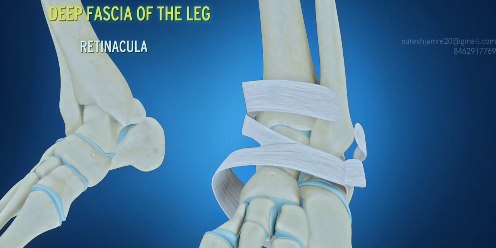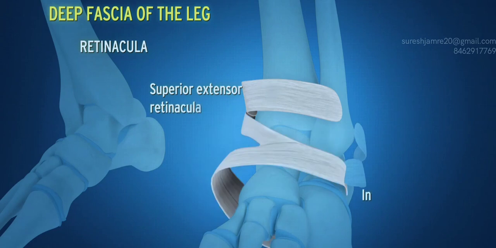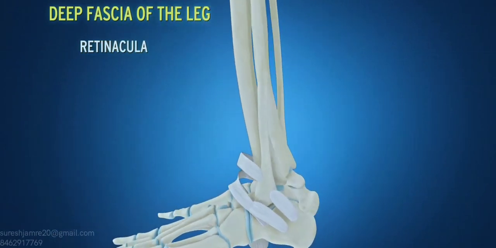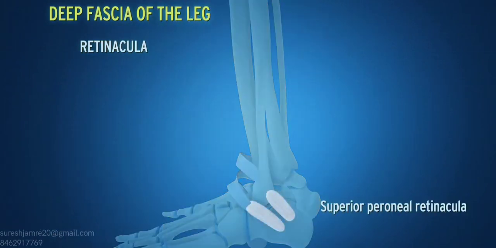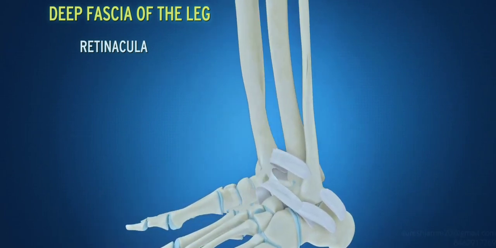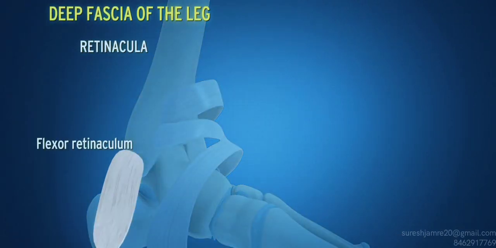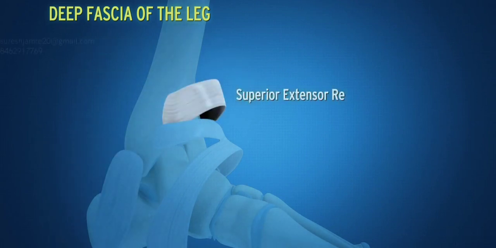The various retinacula are superior and inferior extensor retinacula on the front of ankle, superior and inferior peroneal retinacula on the lateral side of ankle, flexor retinaculum on the posteromedial aspect of the ankle.